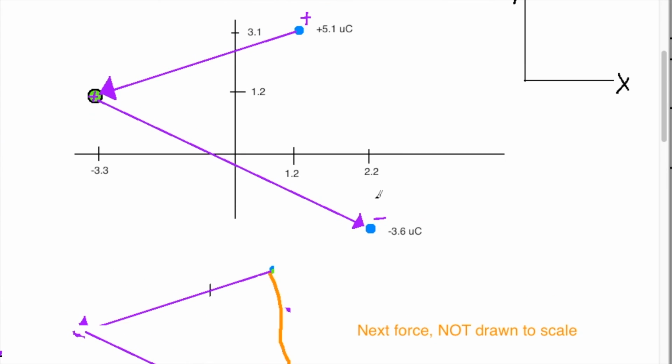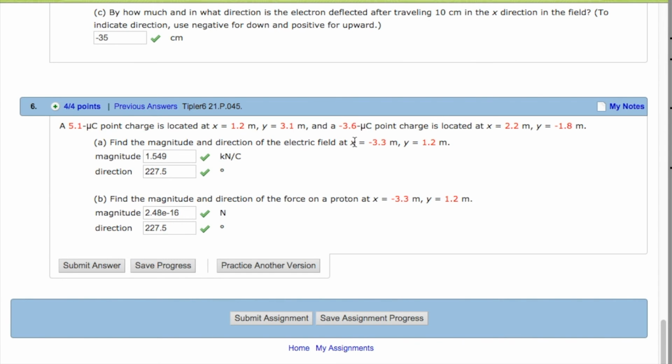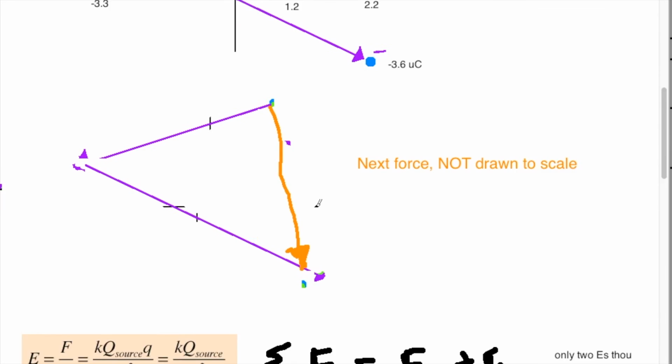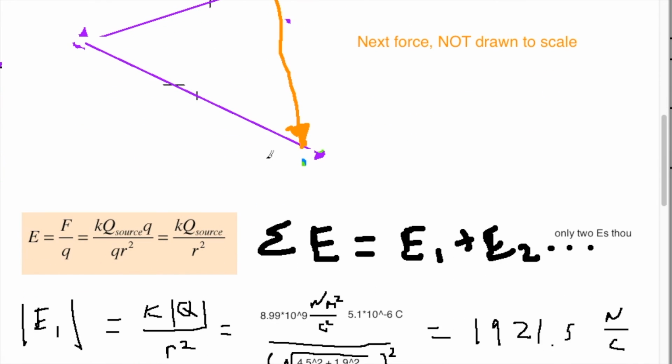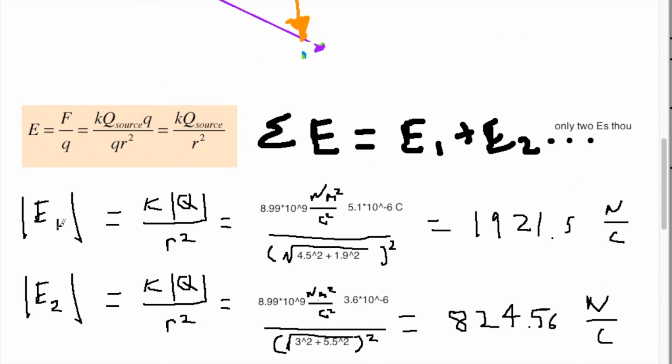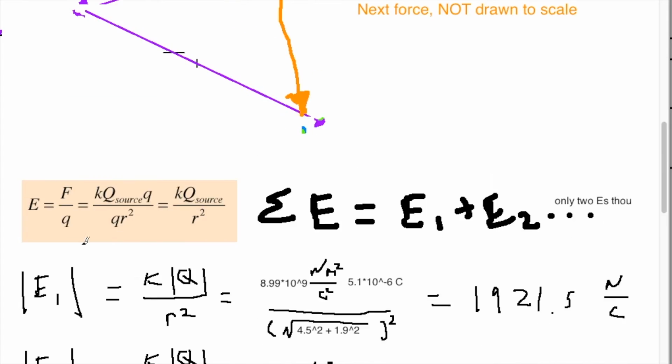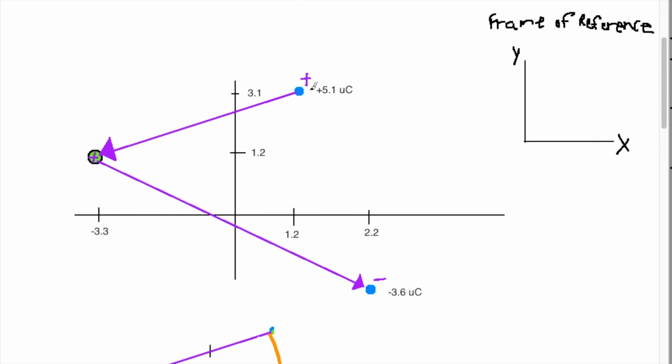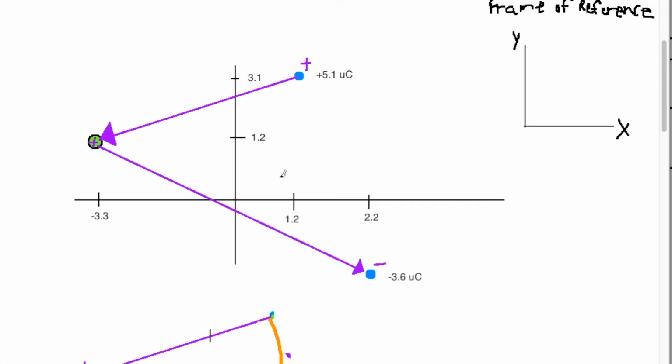So for this, let's break it down into its components. But let's not talk about direction right now, because it's easier not to do it initially. Let's talk about magnitude. The magnitude of electric field 1 is from this point, which is plus 5.1 microcoulombs, to the place where we're trying to find the electric field.